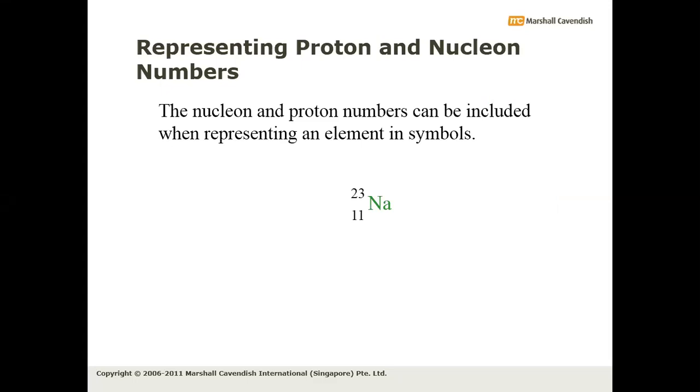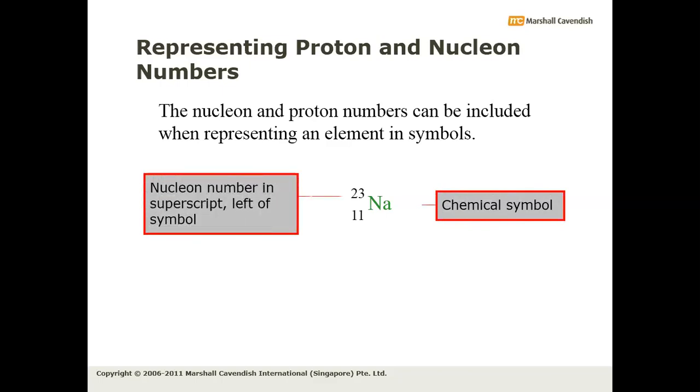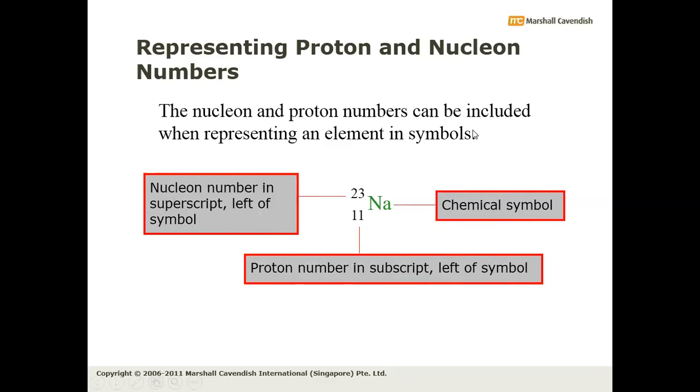According to this, you see that Na is a chemical symbol. 23 is the nucleon number. Nucleon number is the sum of the number of protons and neutrons. And then the proton number is written as a subscript below the symbol.